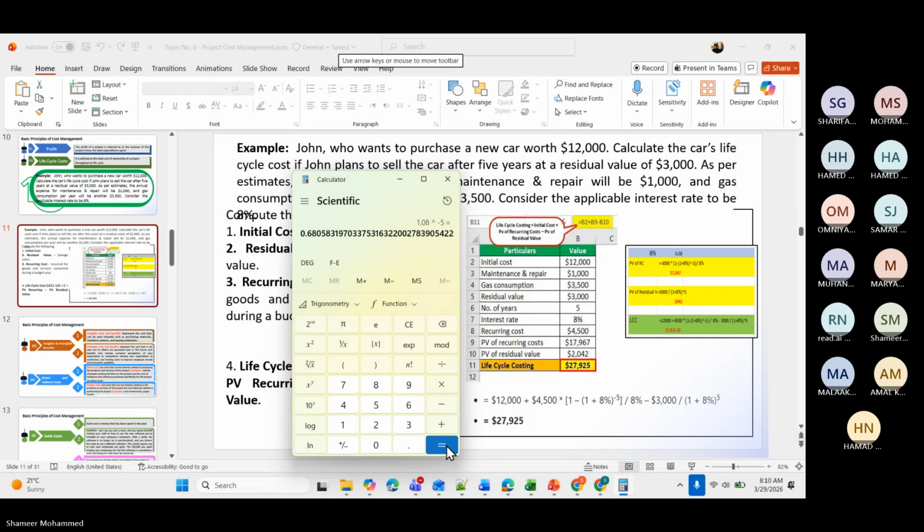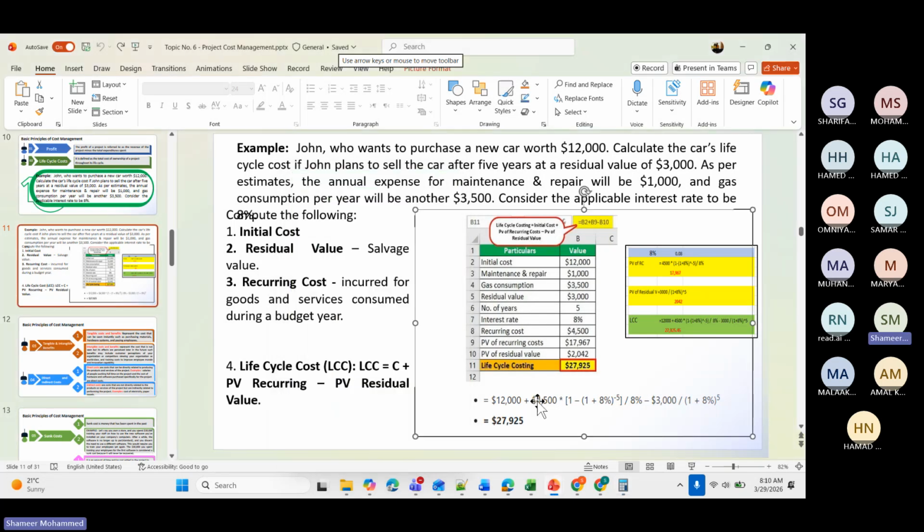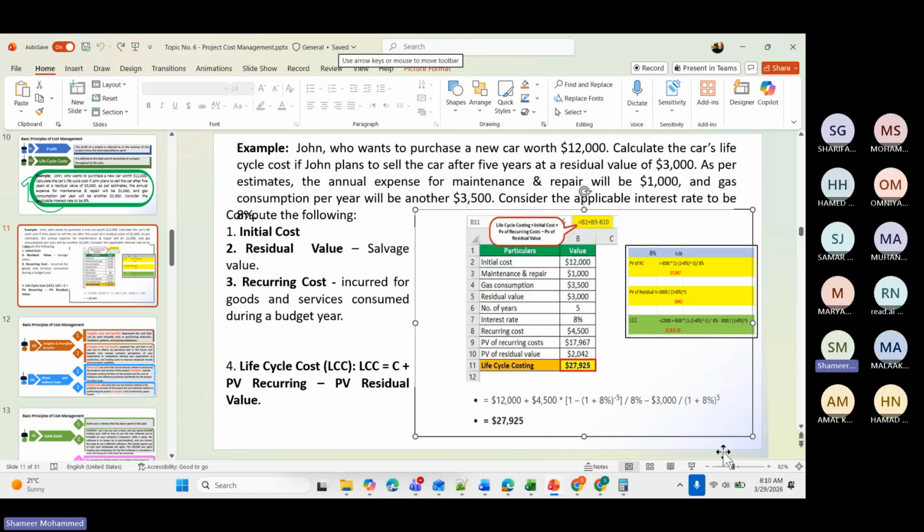Now this is the value. Take up to 5 or 6 digits, that is enough. Now you substitute 1 minus this value, 0.680583. Then multiply with this one. Like this, you have to do the calculation carefully and find out the life cycle cost of the project.